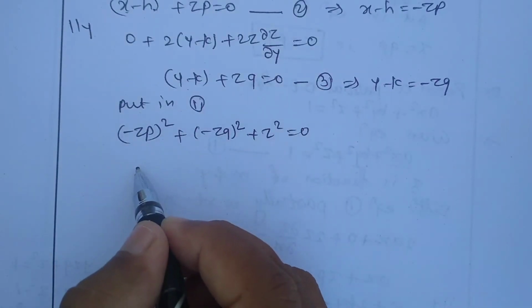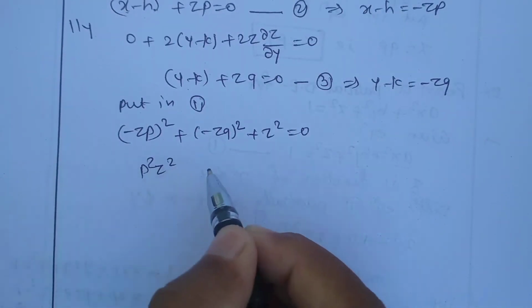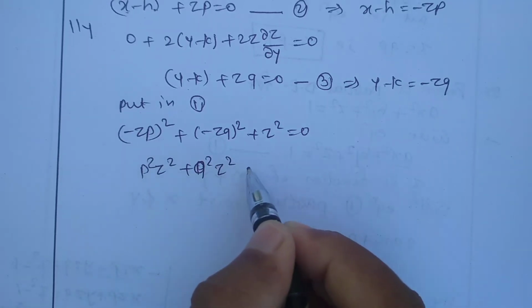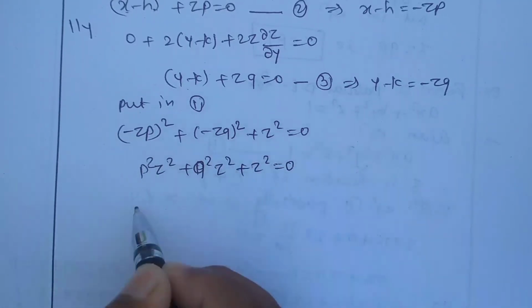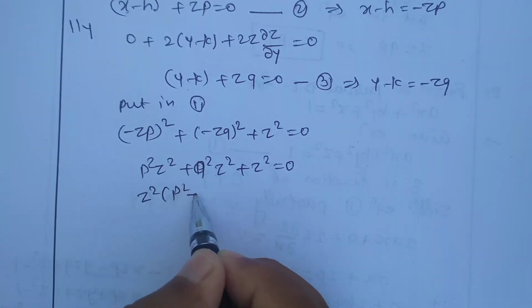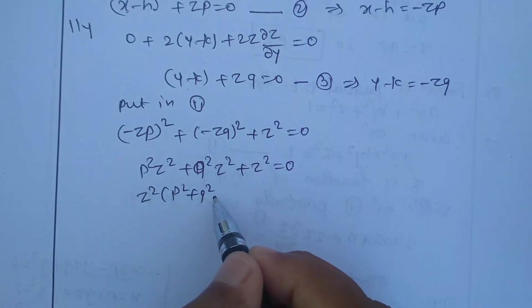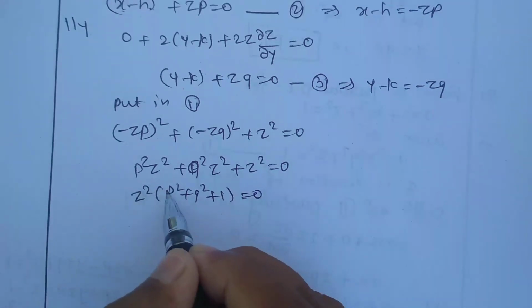That is p square z square plus q square z square plus z square equals 0, or you can say z square into (p square plus q square plus 1) equals 0.